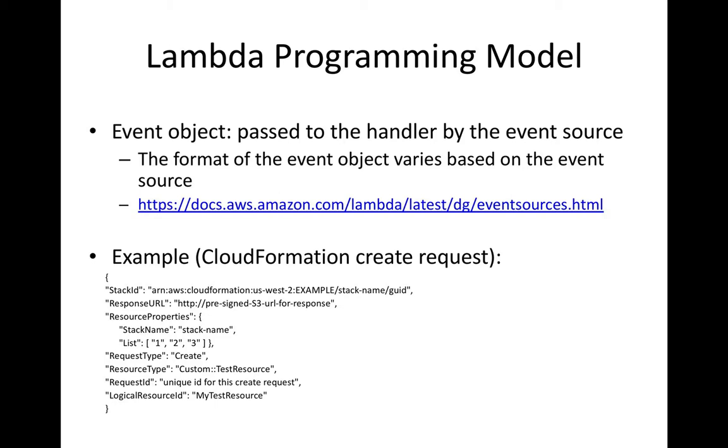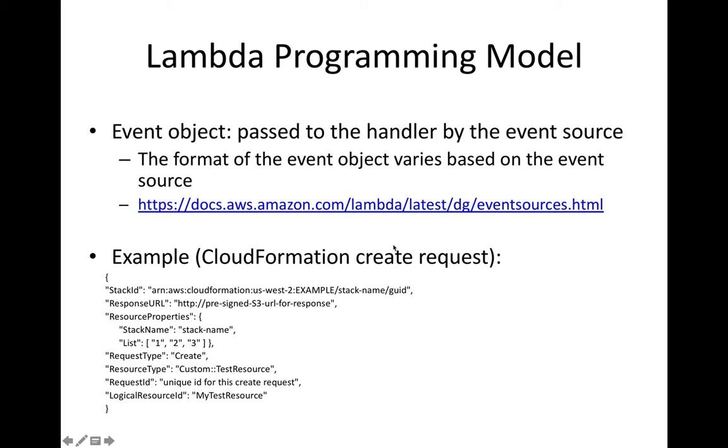Here's an example, and I provided a link here showing you a list of event sources, and what's really handy about this list is it shows you an example of what that event object looks like. Remember, this event object is really just a JSON object, and here's an example from CloudFormation.